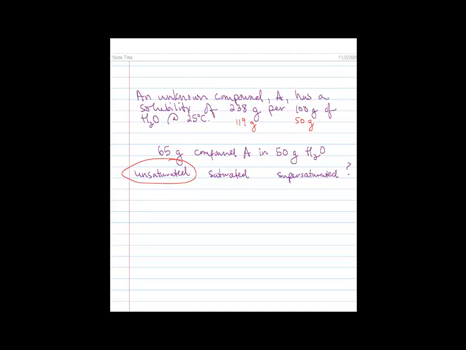Okay, let me give you another scenario. Let's say you have 478 grams of compound A and 200 grams of water. Unsaturated, saturated, or supersaturated?